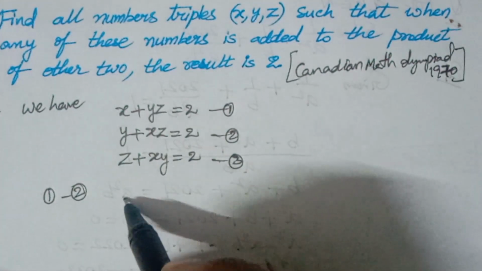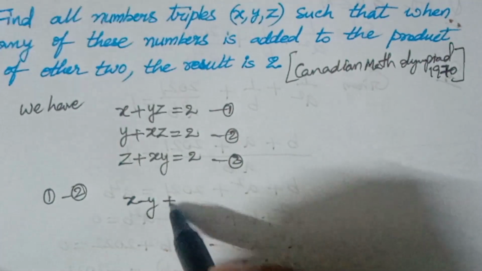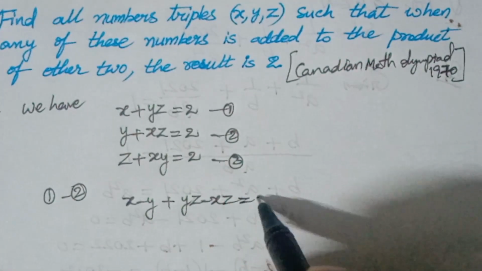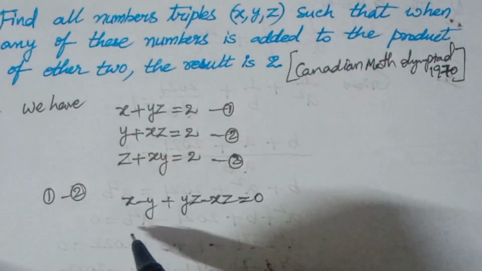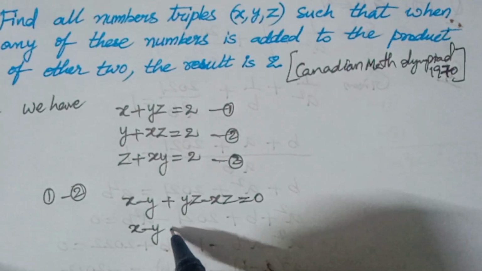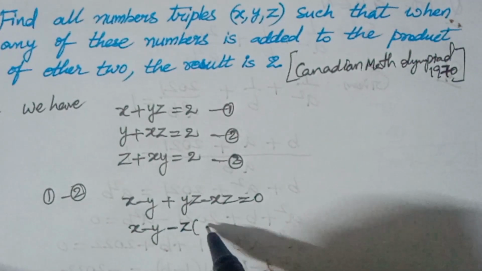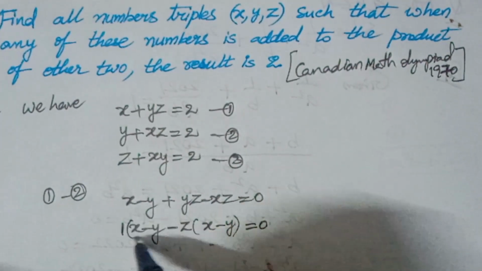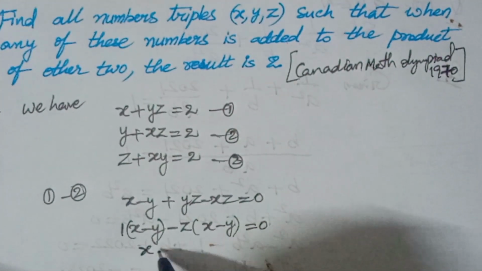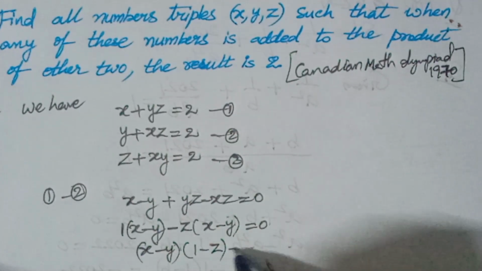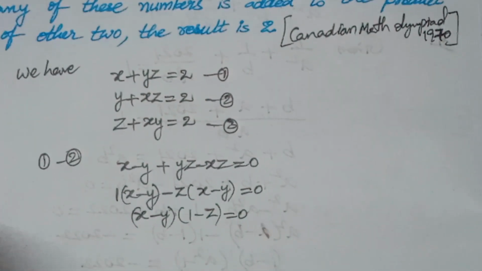If you subtract 1 and 2, x minus y plus yz minus xz is equal to 0. So here, x minus y, you can take minus z common, and we get (x minus y) into (1 minus z) equal to 0.